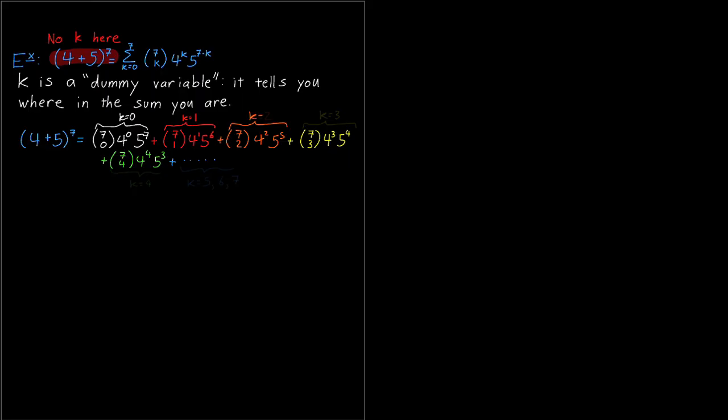But the k isn't referring to anything real. It's just letting you keep track of what's going on in the sum. And I want to emphasize, you're never going to solve for your k, your variable of summation, because you see this expression we've got, k equals 0, k equals 1, 2, 3, 4, 5, 6, 7.